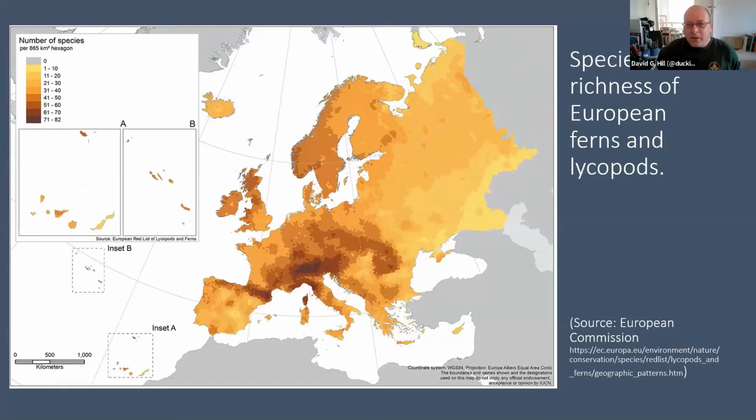A general overview of the Pteridophyte flora of Europe. We have about 192 species within Europe. It's richest in Corsica and the Macronesian Islands, also the Pyrenees, Alps, Central Massif and the Carpathian Mountains.